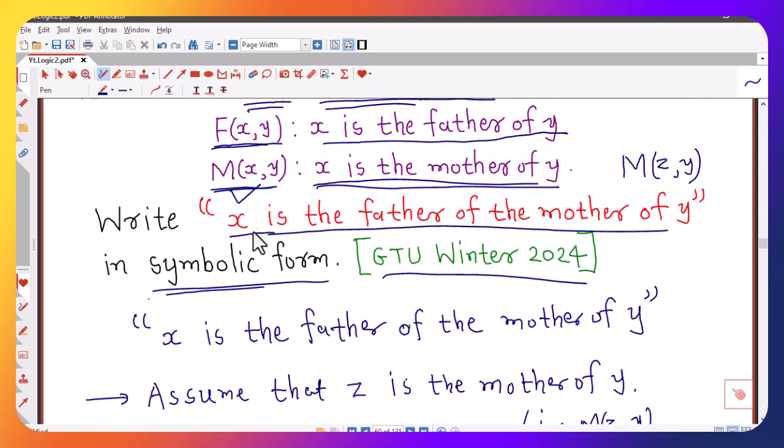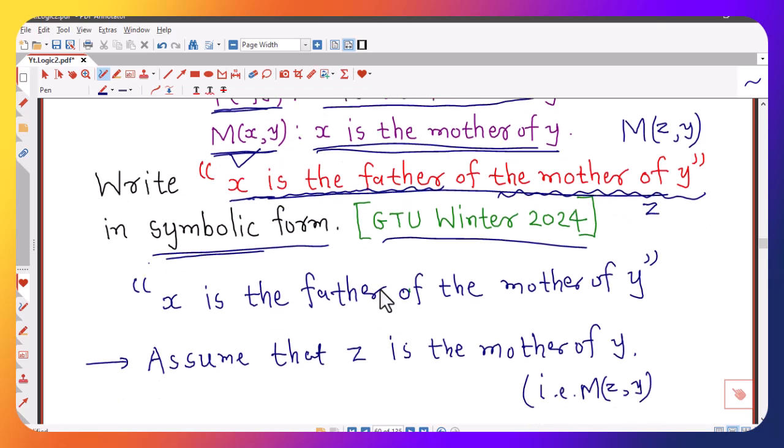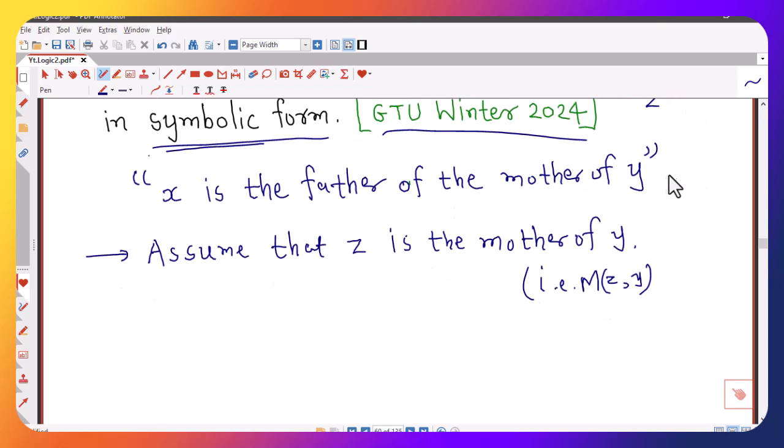Now here we have to write this expression in symbolic form. x is the father of the mother of y. Now we are considering the mother of y as z. That means x is the father of z. So the given statement is equivalent to this statement. We can rewrite statement 1 in this way also.